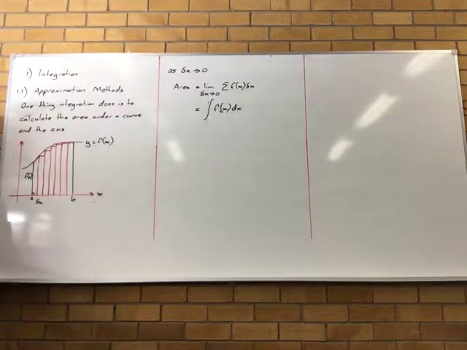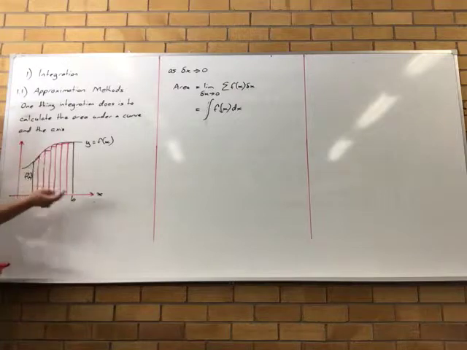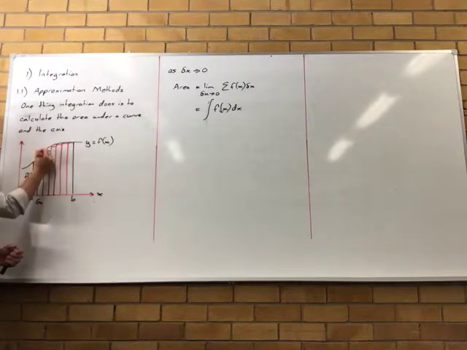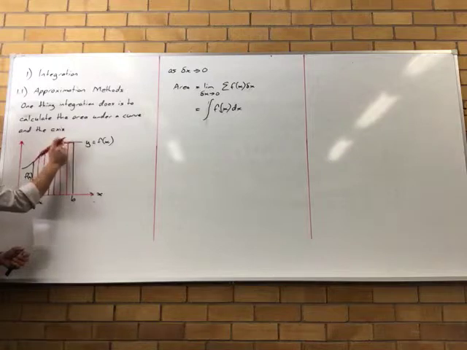So in most cases, a trapezium will give us a better approximation than rectangles would. If I continue that pattern for the same width, delta x, can you see that we're going to get a much more accurate answer above or below the curve?